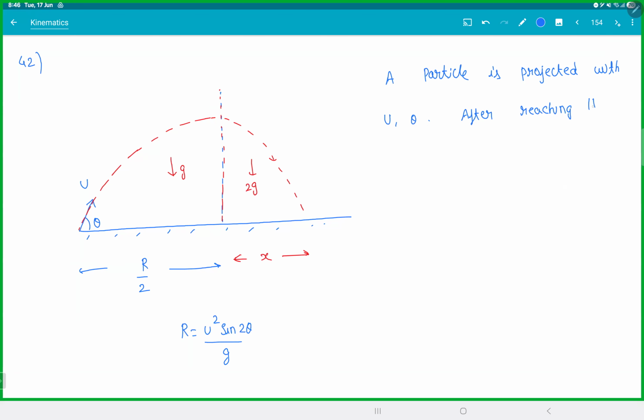After reaching H max, the gravity becomes 2g. So r by 2 is your H max point.